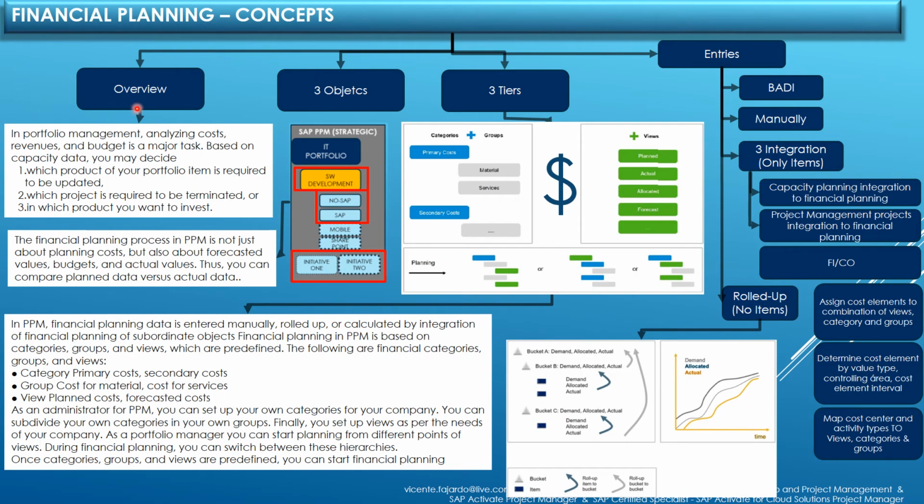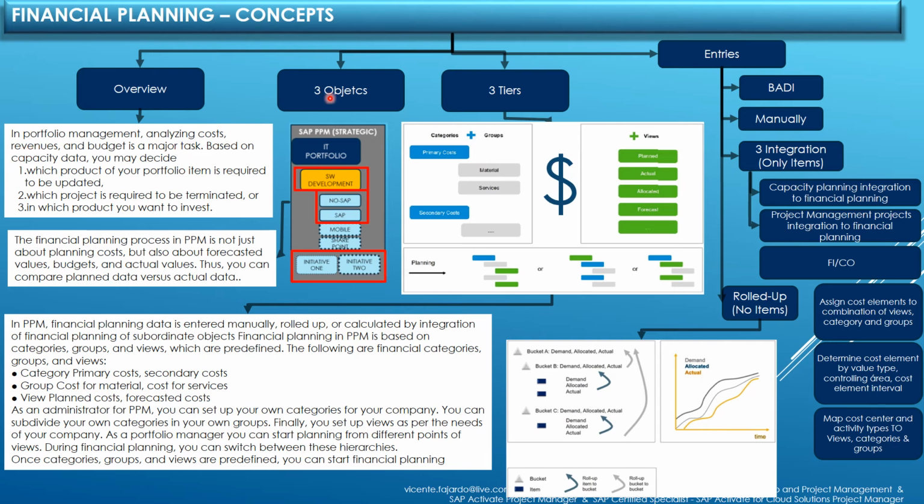Overview. In portfolio management, analyzing costs, revenues, and budget is a major task. Based on capacity data, you might decide which product of your portfolio item is required to be updated, which project is required to be terminated, or in which product you want to invest.